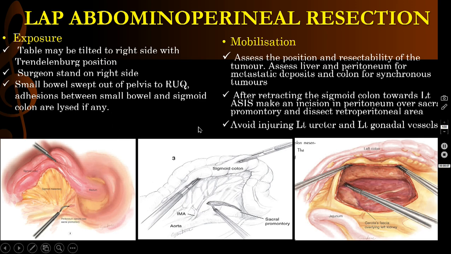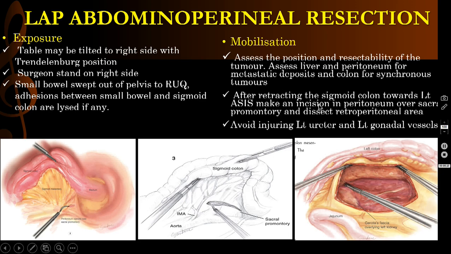Then assess the position and resectability of the tumor. We have to assess the liver and peritoneum for metastatic deposits and the whole colon for synchronous tumors.